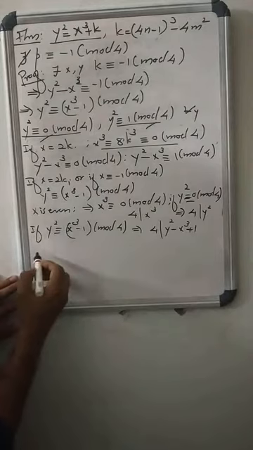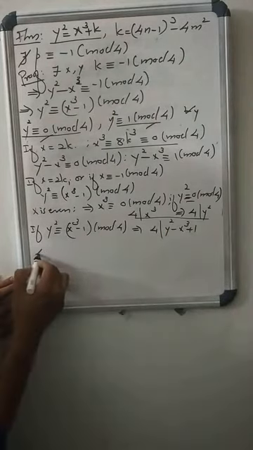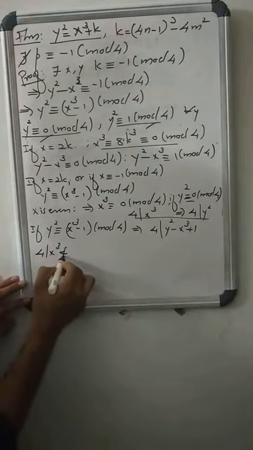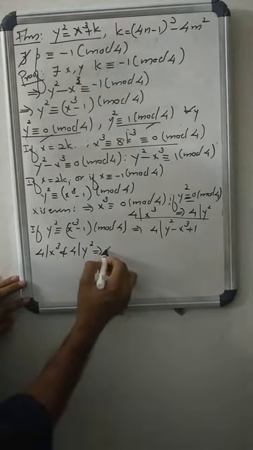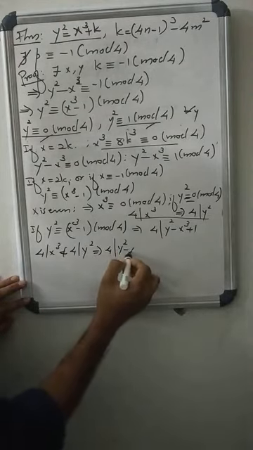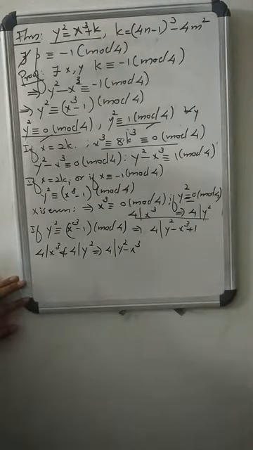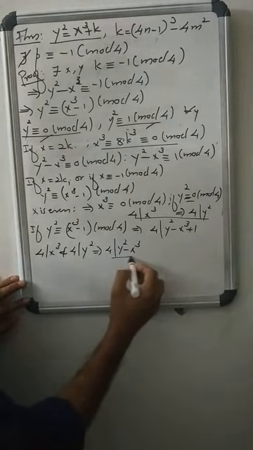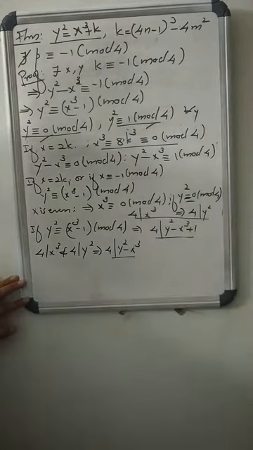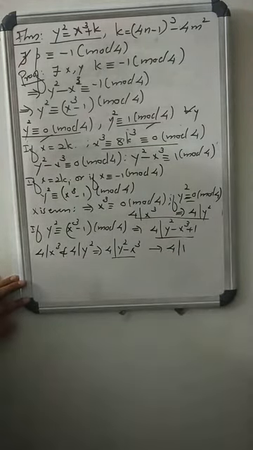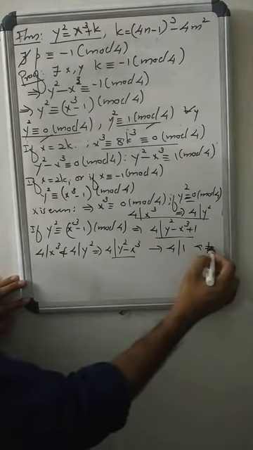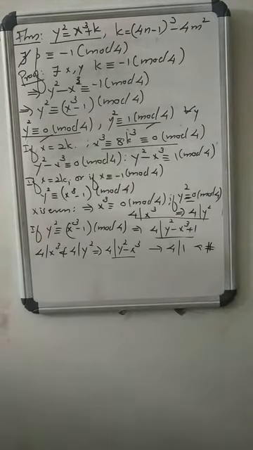But 4 divides x cube and 4 divides y square. That combined gives 4 divides y square minus x cube. Sure? Okay. And 4 divides y square minus x cube plus 1. So that gives 4 divides 1, which is impossible. 4 does not divide 1. 1 is not a multiple of 4.